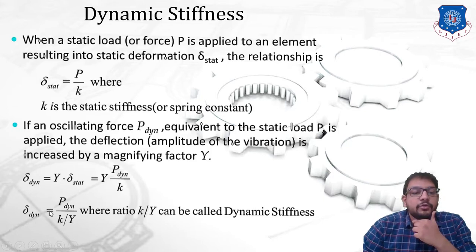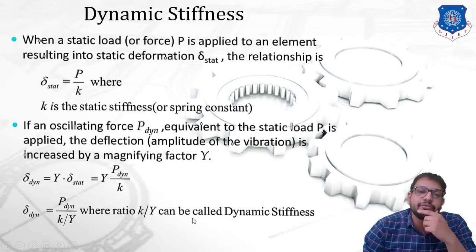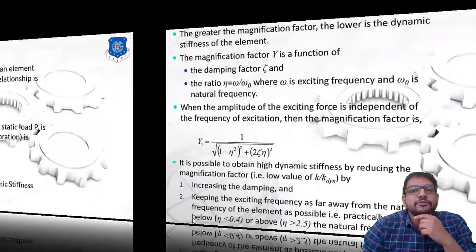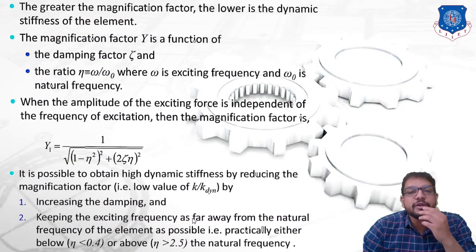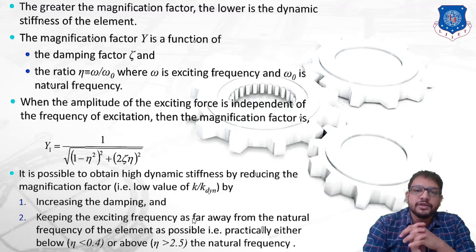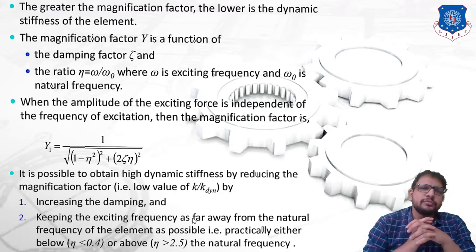Remember, K here is the static stiffness, whereas K by gamma, where gamma is the magnification factor, represents the dynamic stiffness. Now let's proceed further. The greater the magnification factor, the lower the dynamic stiffness of the element. So it is obvious that in order to increase the dynamic stiffness, the magnification factor has to be lower.